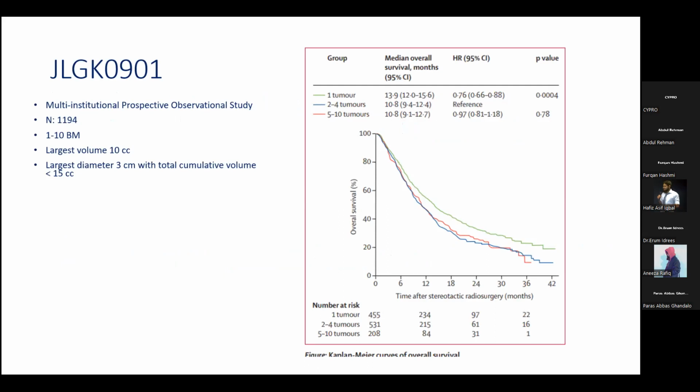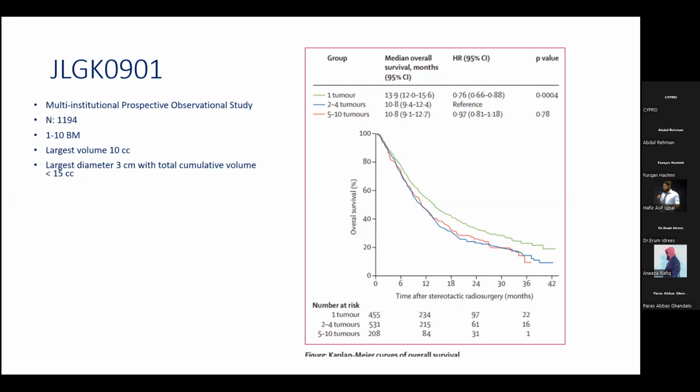So we only have this prospective multi-institutional observational study, which is currently quoted in most of the guidelines, whether ASTRO or ISRS. In this study, they included up to 10 lesions but limited the total cumulative volume to less than 15 cc. I will explain how this volume works.